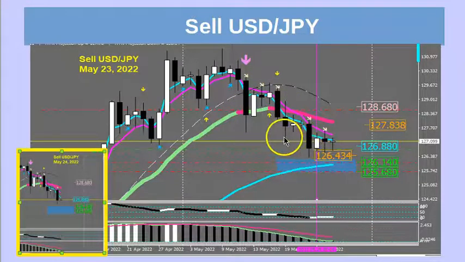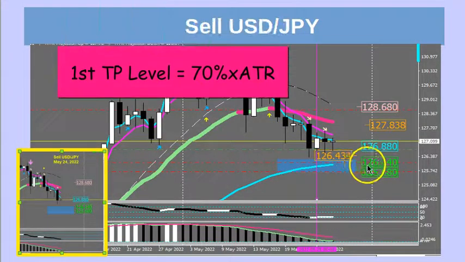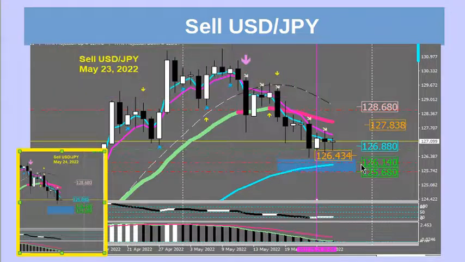So based on that, I calculate the first take profit level at 70% of the ATR. 70% of 124 is 86 pips, okay? And that's why the first take profit here is 126.14.